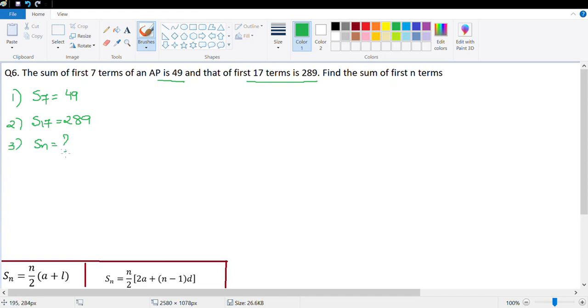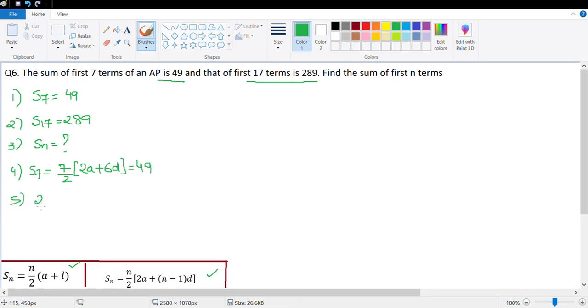Good. So for calculating sum of n terms, we have a formula n by 2 times a plus l, or n by 2 times 2a plus n minus 1 times d. Let's see if we can calculate the value of a and d. So I know sum of 7 terms will be given by the formula n upon 2, in this case 7 upon 2, times 2a plus n minus 1, in this case 7 minus 1, so that's 6d, and the value of this is 49.